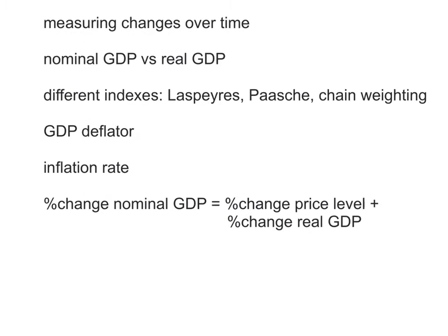Okay. Now the textbook and my notes get into detail about measuring changes over time. So you need to understand nominal GDP versus real GDP, the different indexes that are used, the concept of the GDP deflator, the inflation rate, and the equation that you see there: percentage change in nominal GDP equals percentage change in the price level plus percentage change in real GDP.